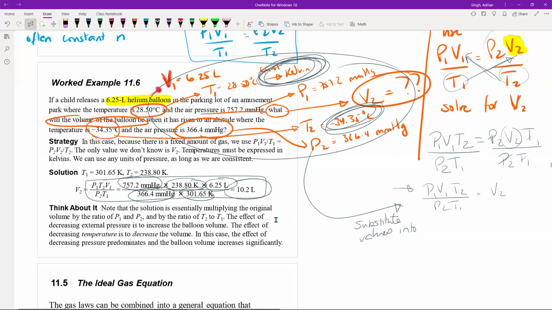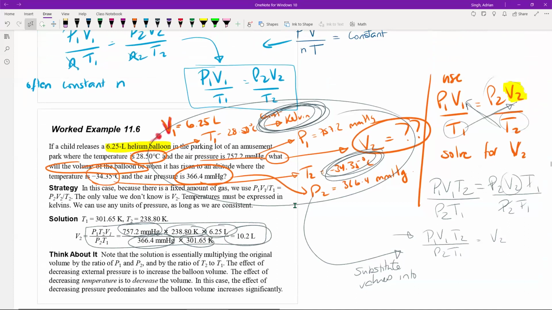So again, the approach here is very similar to the example we did with Boyle's law, the PV relationship. The only difference now is we have an extra variable to contend with on either side of the equation. It does add another layer to your algebraic manipulation, which is why you need to make sure that you're able to rearrange these equations fairly quickly, okay?